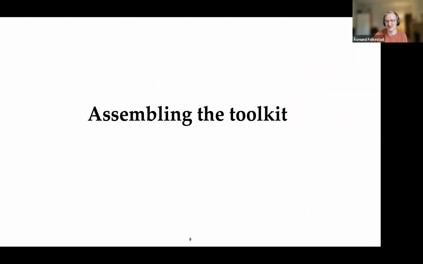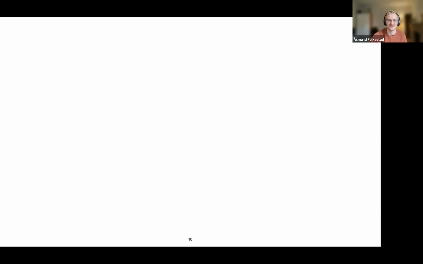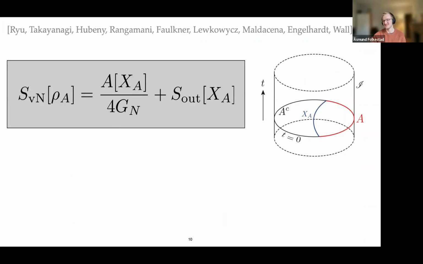Okay, so let's assemble the toolkit that we need to reach these conclusions. The first one is of course the QES formula, which we're going to use all the time, and probably most of you know.